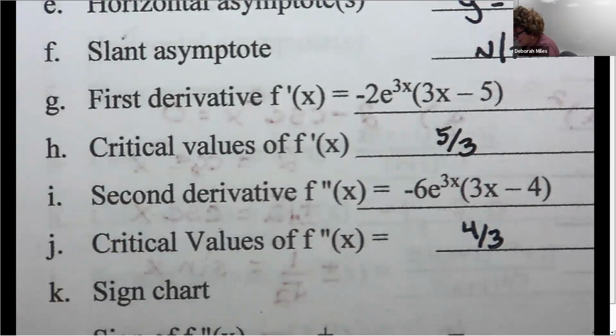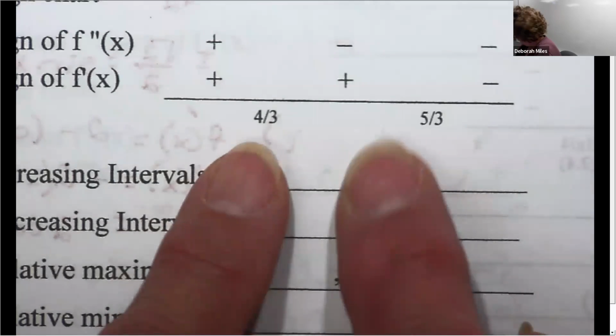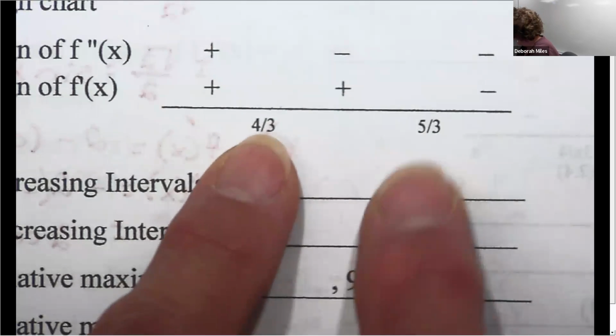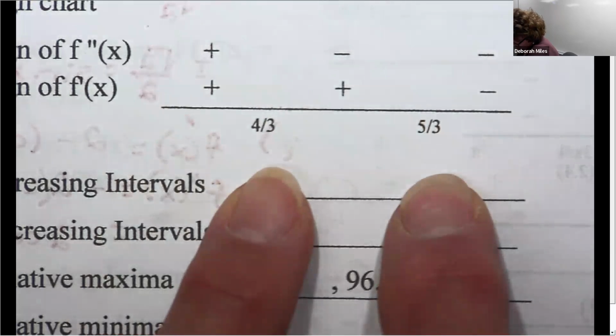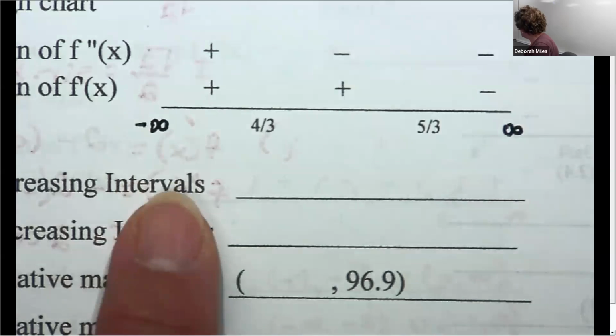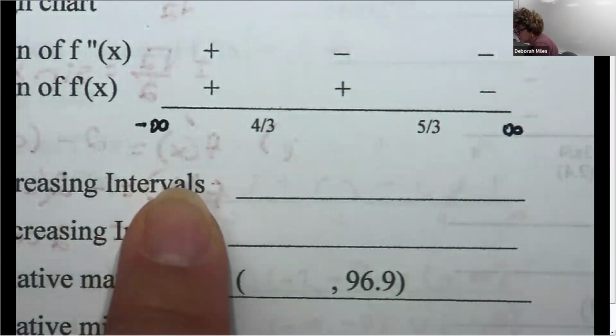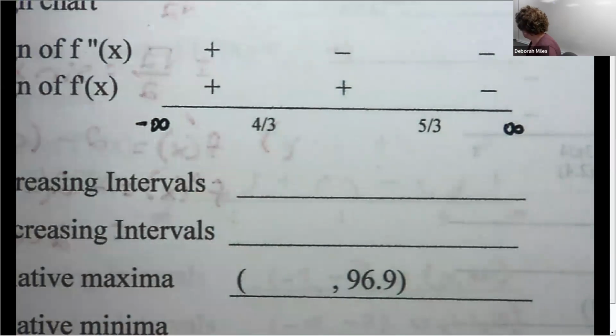So I went ahead and made my sign chart with the critical numbers of the first and second derivative on that number line. You can go ahead and say the function goes from -infinity to infinity with no discontinuities. There was nothing that made the original function undefined.